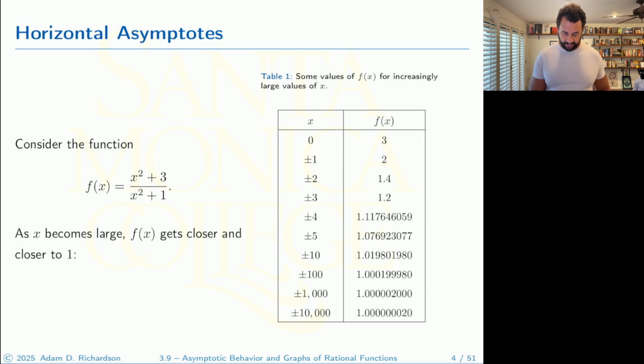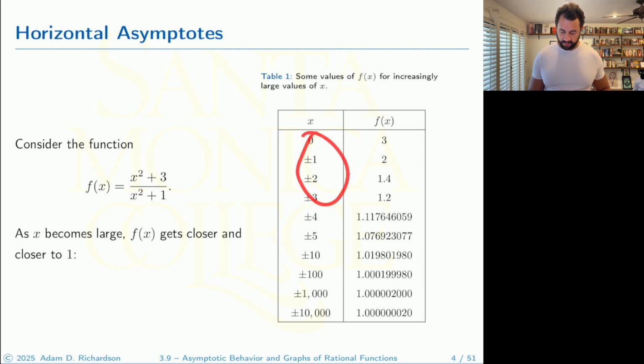I've got this function here, f of x equals x squared plus 3 over x squared plus 1. And let's just look at the end behavior by sampling some x values that get larger and larger in both directions.